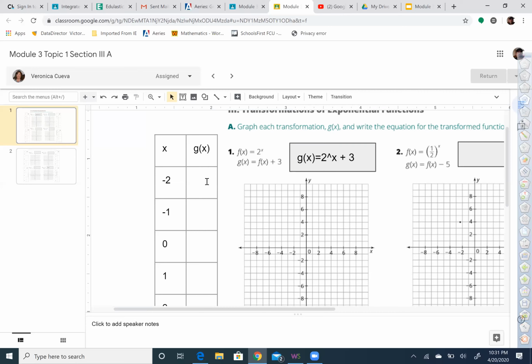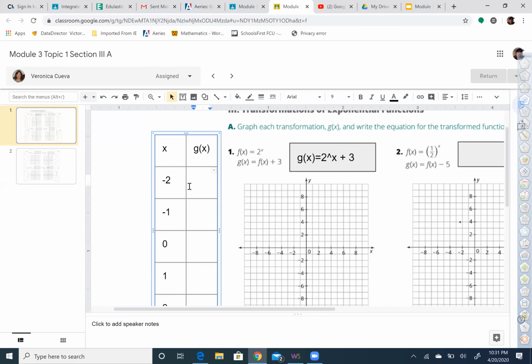Next thing we're going to do is use those numbers, plug them in for x, and add 3 to it. If you already did the other sections, you should know when you raise a number to a negative exponent, it turns into a fraction. So 2 to the negative 2 becomes 1 over 2 squared, which is 1 over 4.